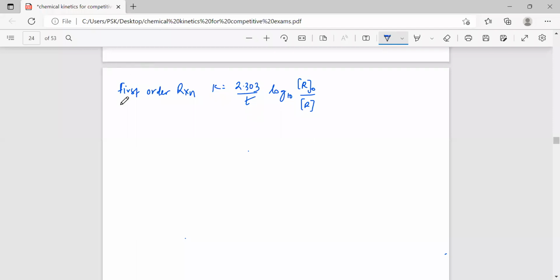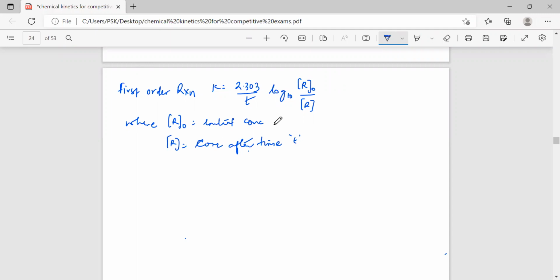R naught is the initial concentration, and R is the concentration after certain time t.